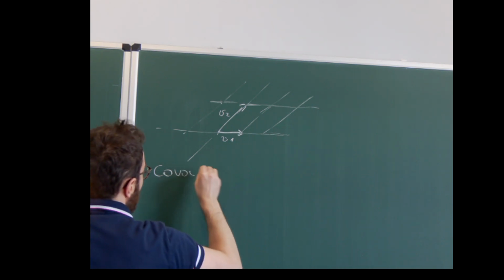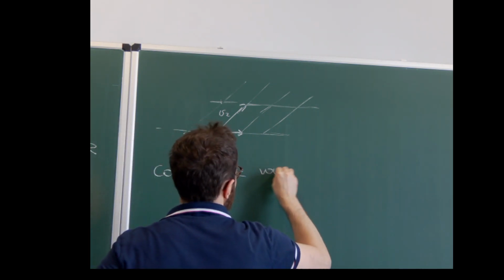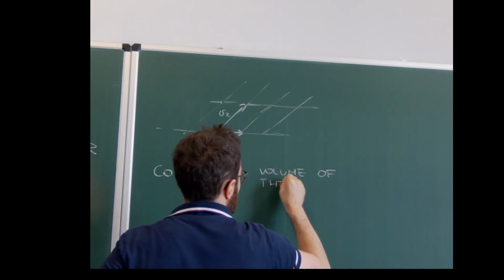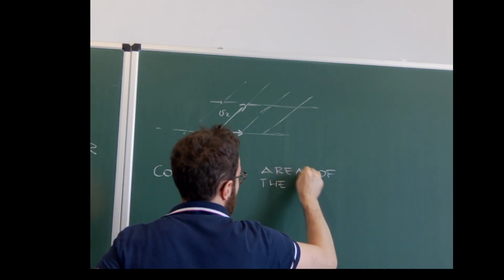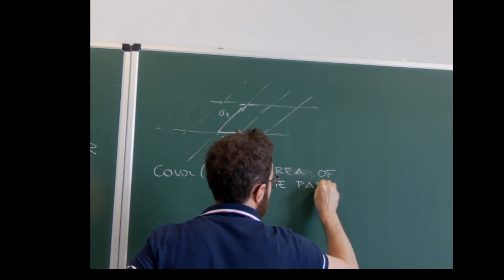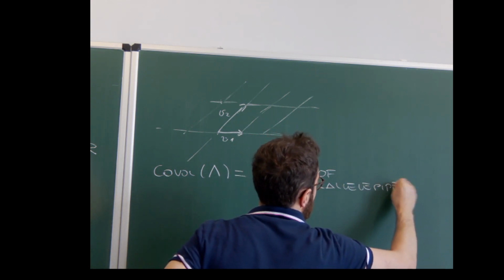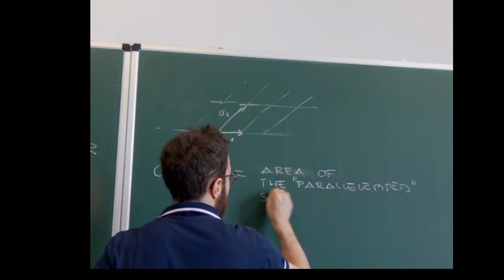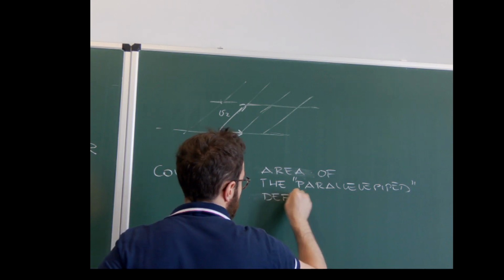So then one can define the co-volume of a lattice. So the co-volume of lambda is the volume of the parallelepiped, or area. In this case, let's say area. Area of the parallelepiped, parallelogram in reality, spanned, so defined by a basis.